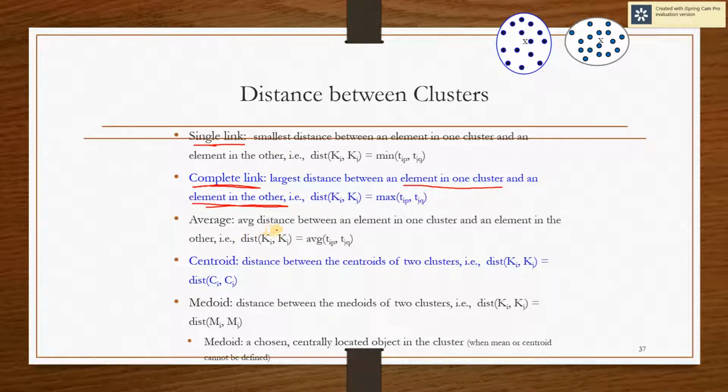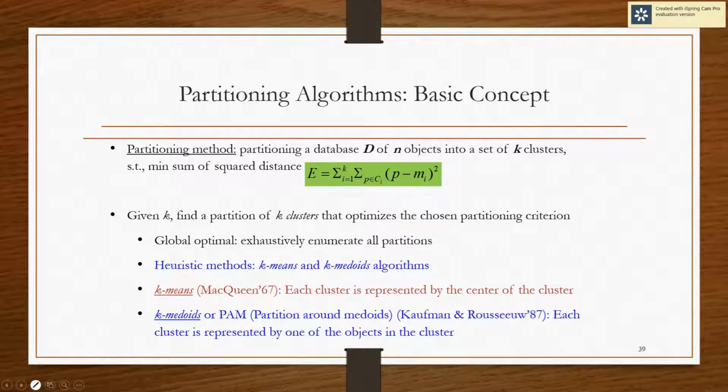For average, it is the average distance between an element in one cluster and an element in another cluster. Centroid is the distance between the two centroids of two clusters. So for example, for two centroids, where is the centroid? We need to calculate them. And medoid is the distance between two medoids of two clusters. Usually a medoid is a chosen centrally located object in the cluster when the mean or centroid cannot be defined.